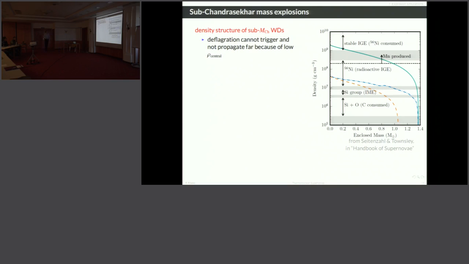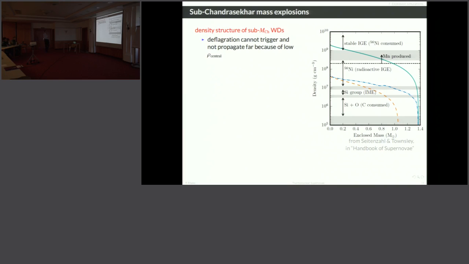Now, the general idea is that, first of all, a sub-Chandra mass white dwarf is much less compact than a Chandra mass white dwarf. The typical structure in hydrostatic equilibrium of a 1.1 solar mass sub-Chandra mass white dwarf is shown here as this dashed orange line. You see that you have material at rather low densities here.